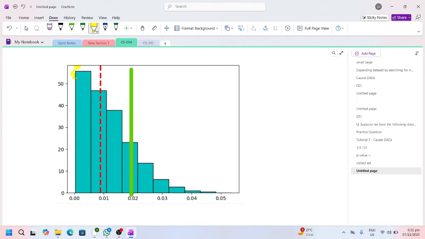So if I'm defining a certain threshold, then if the value is towards this side of the threshold, I can reject the null hypothesis क्योंकि ये ज़्यादा distant है from the center of my distribution over here. Alternatively, अगर मेरी observed statistic की value threshold के left में है, तो फिर I will fail to reject my null hypothesis.